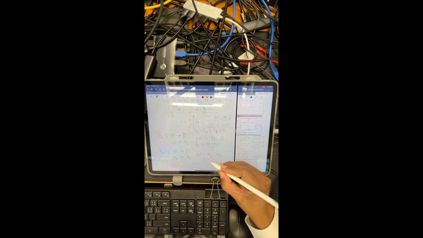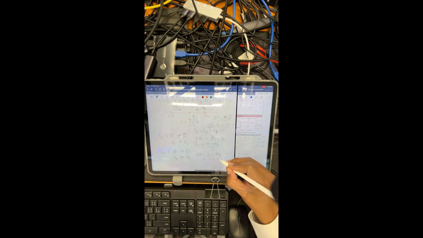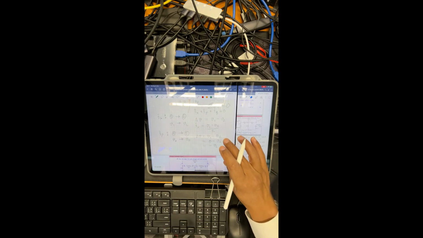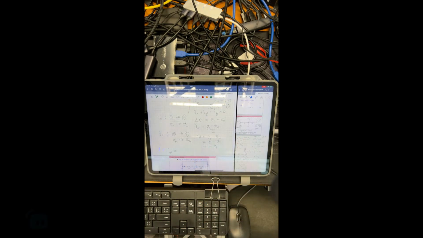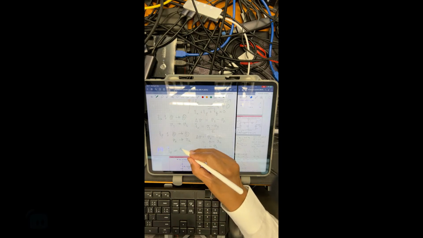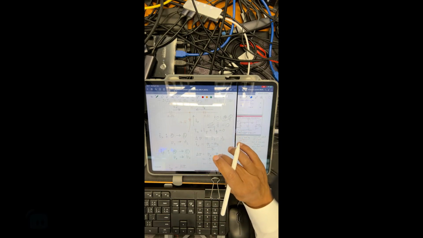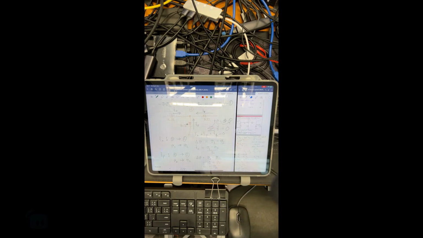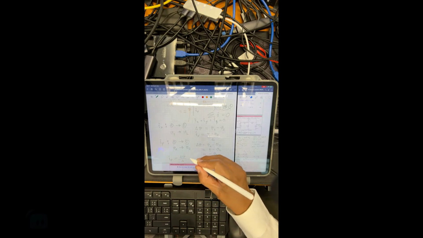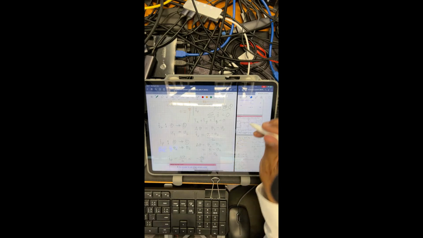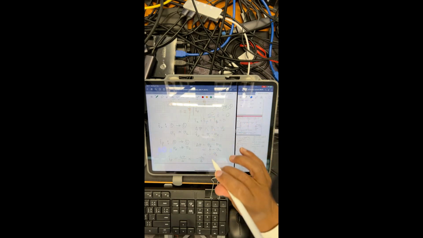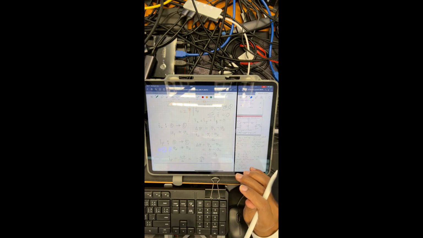So this is 0 minus V2, or simply negative V2. IP is delta V divided by the resistor IP passes, which is 4 ohm. So it's minus V2 divided by 4. It's not too difficult, right?